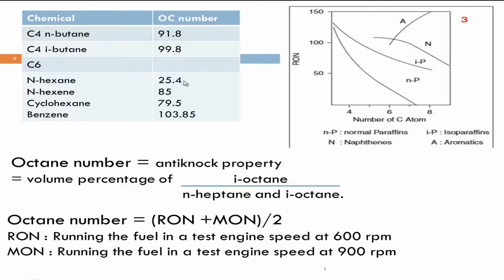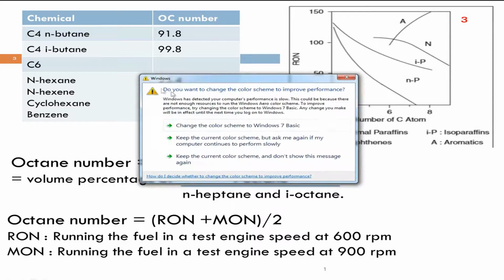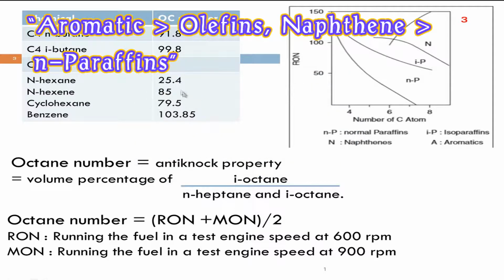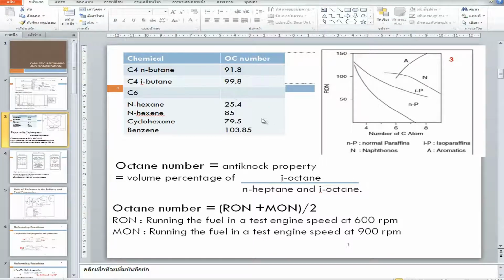According to the octane number of C6 in different chemical structures, we can rank that the octane number of aromatics is higher than olefin and naphthenes, and higher than normal paraffin. These are the examples of C4 and C6.